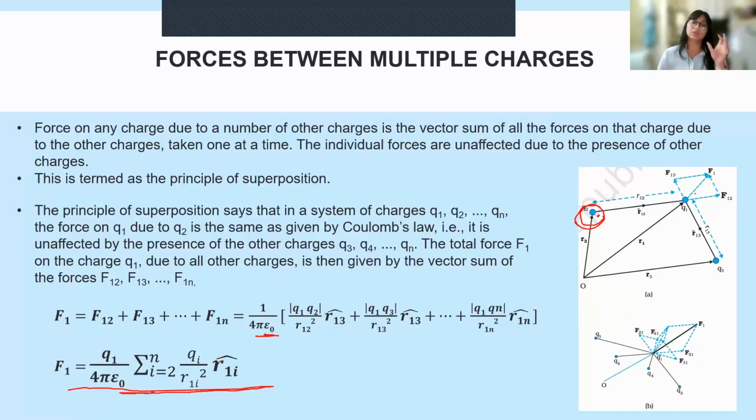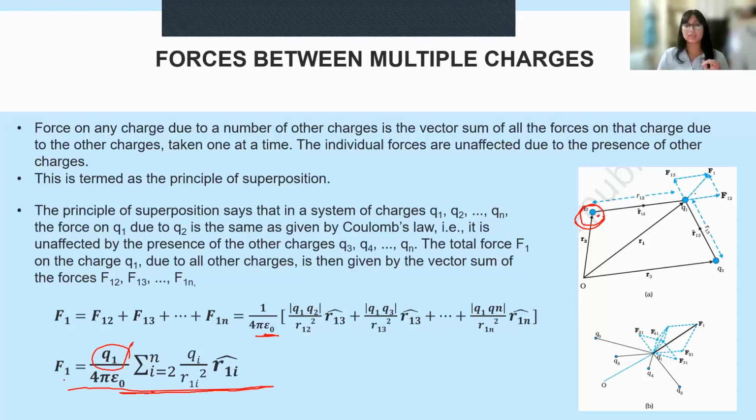The total force acting on one charge due to the presence of the other charges is the vector sum of all the forces on that charge due to the other charges. You have Q1, the charge we are taking into consideration. At one time you take up one charge, any charge.